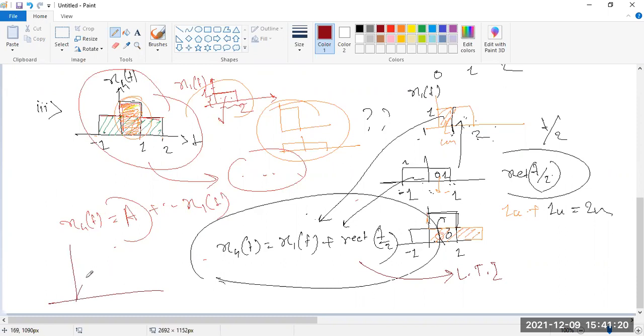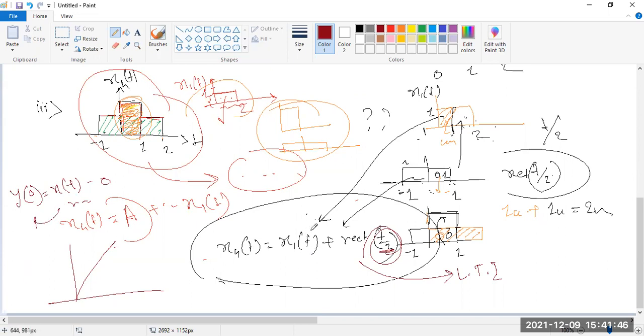If it is a linear system, first of all, a t by 2 term is there. If the t by 2 term is there, then it is not actually linear. Another way, as we told, if you put x of t equal to 0, then y should be 0.